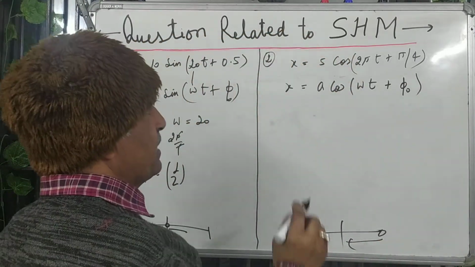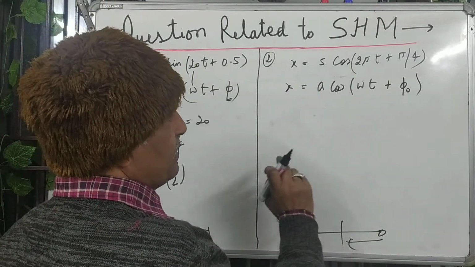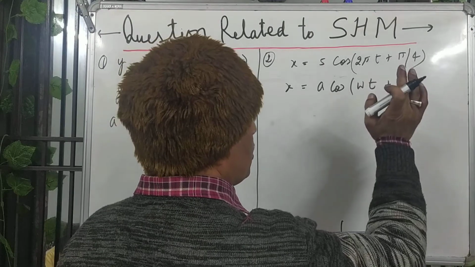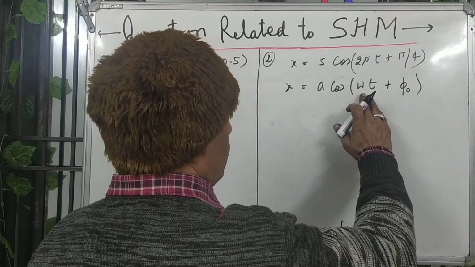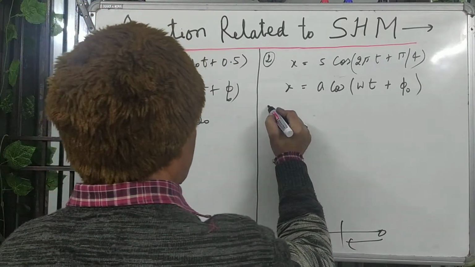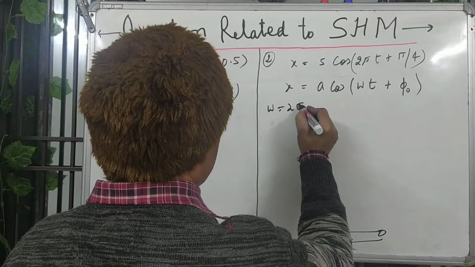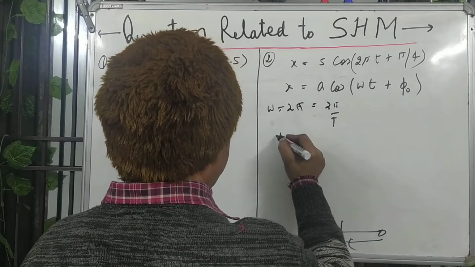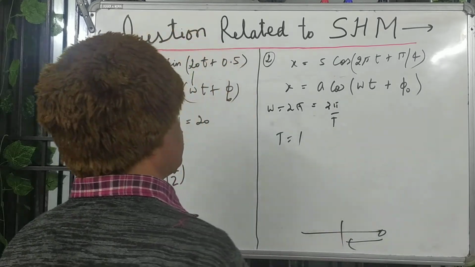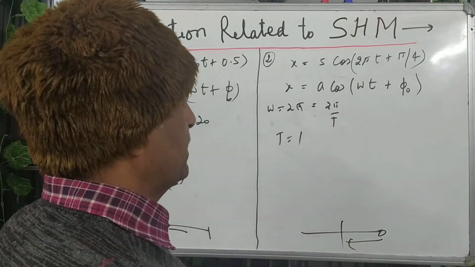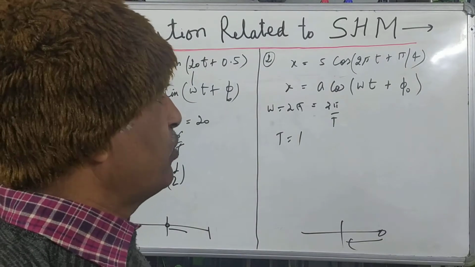In this case, a, the amplitude, is 5, phi naught is pi by 4, and omega is 2 pi. So omega is 2 pi by T. 2 pi cancels, so the time period T equals 1 second. And the amplitude you have got is 5.